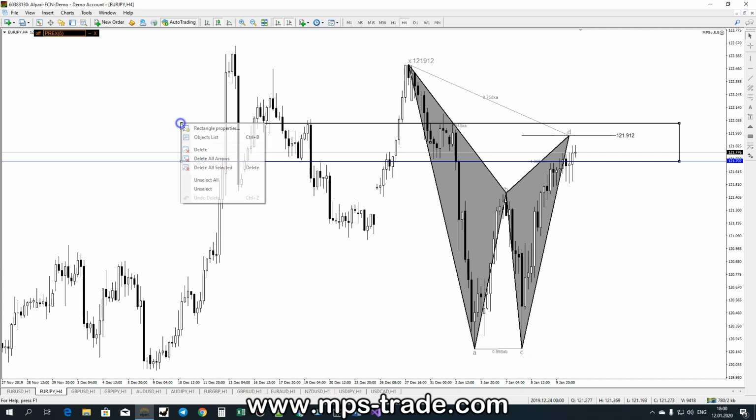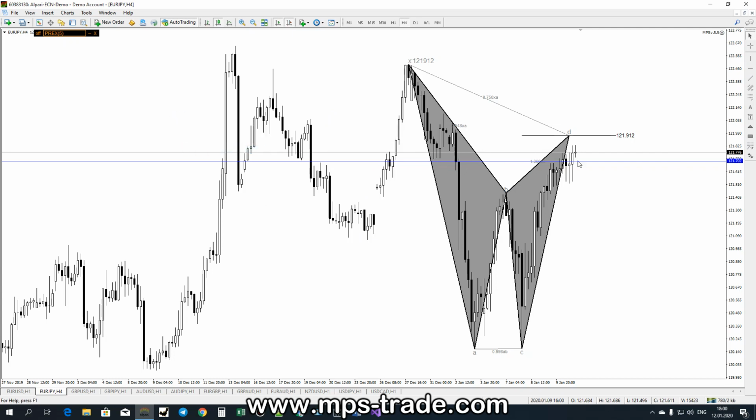So this is our first support resistance level. This is our second support resistance level. I'm trying to unite as many candles as possible. Okay, so this is first support resistance, this is second support resistance level.